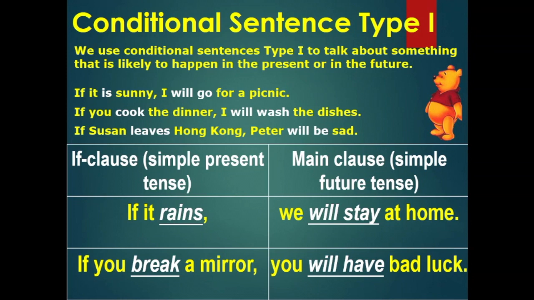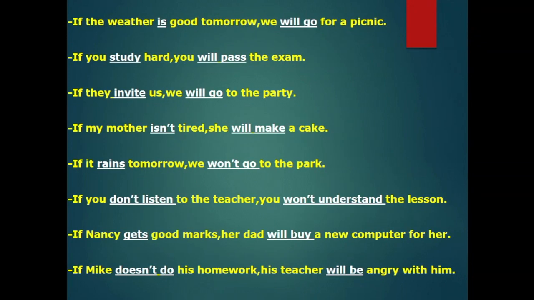If you break a mirror, you will have bad luck. So we use the simple present in the first part, and the future tense in the main clause. We use will with the bare infinitive, the base form of the verb without to.